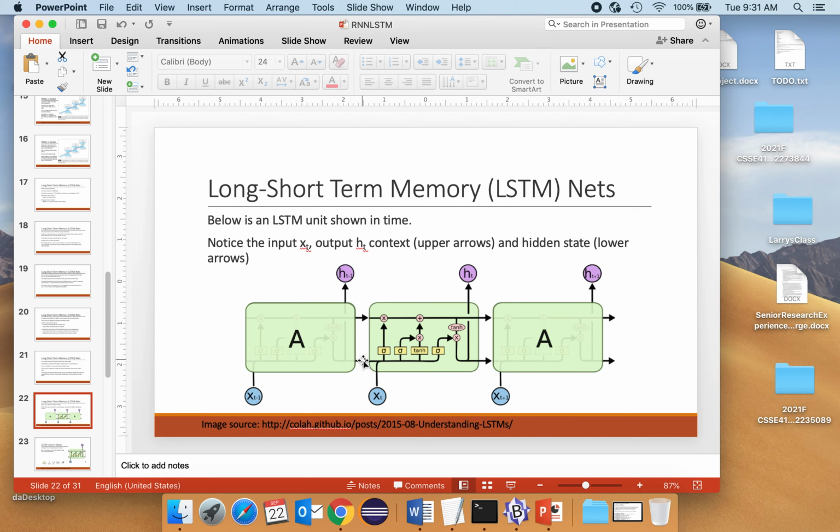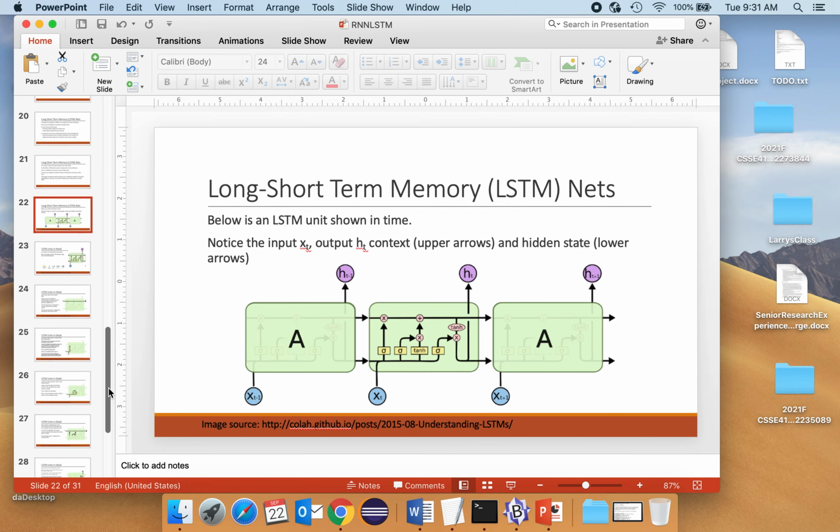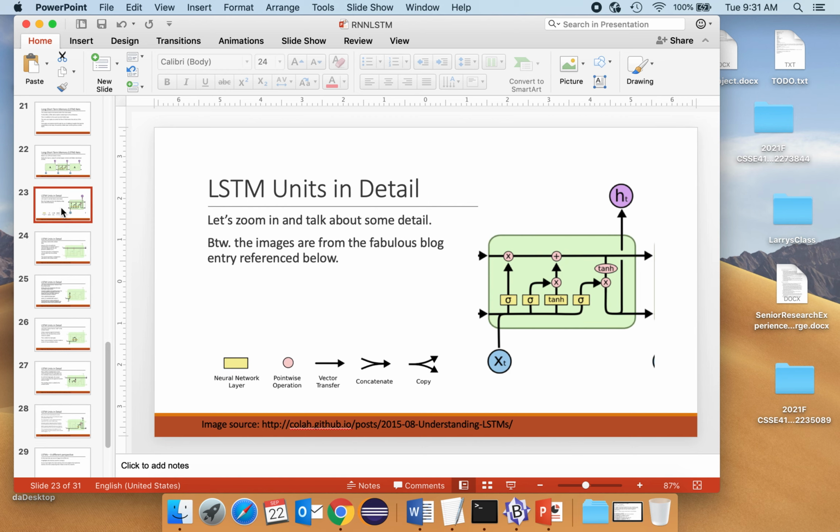So again, this is the hidden state information, and this is the context information. You notice that they're sort of split over here. So as with recurrent units, input, hidden state, output. But now we have this context. In order to deal with that, people use terms from hardware, and they're called gates.